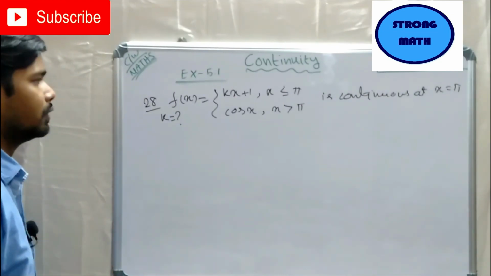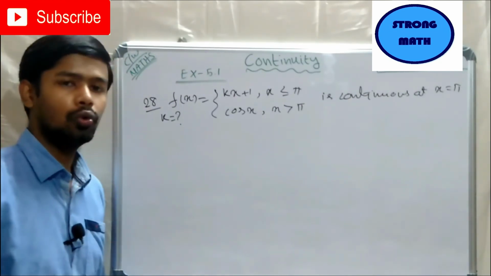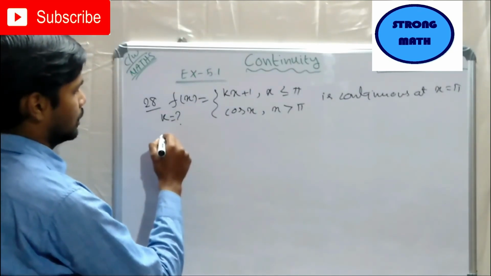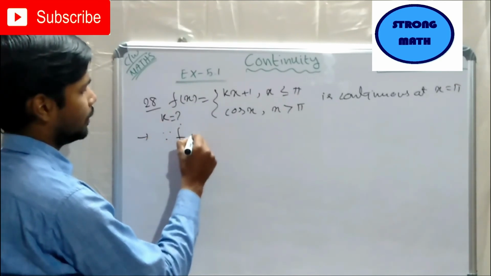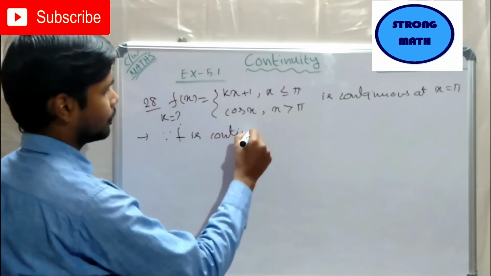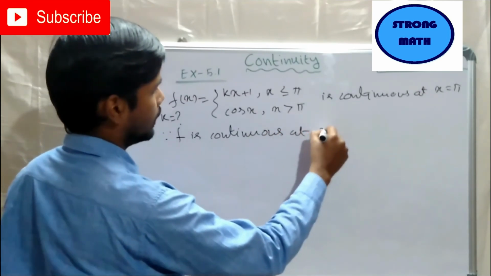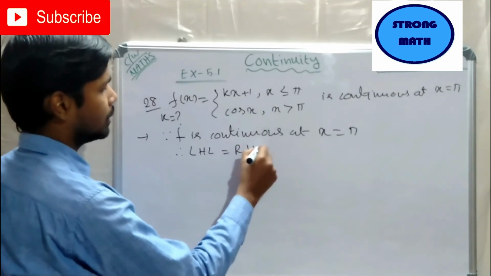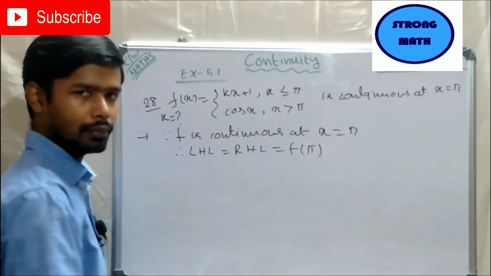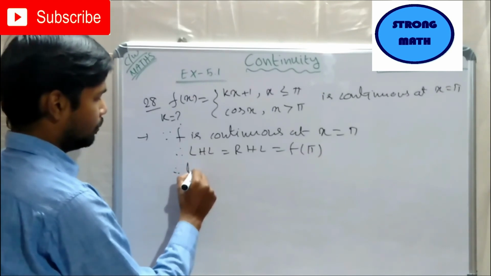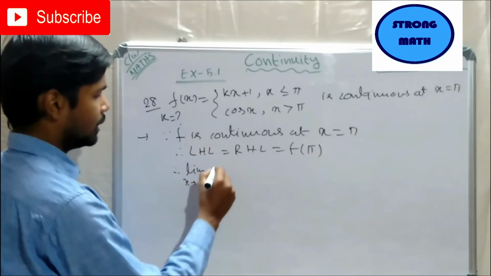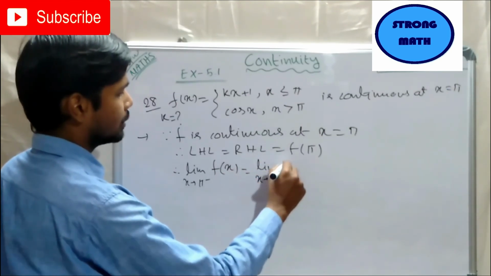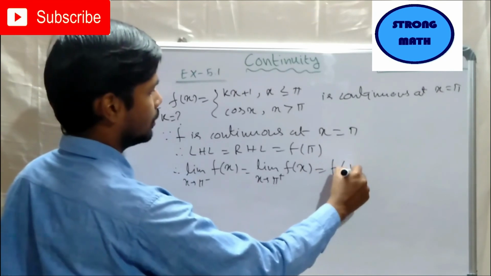Remember, in the previous class I have already shown how to find the values of the constant numbers. Since f is continuous at x equals pi, therefore left hand limit equals right hand limit equals functional value at pi. Clear? Therefore limit x tends to pi minus f(x) equals limit x tends to pi plus f(x) equals f of pi.